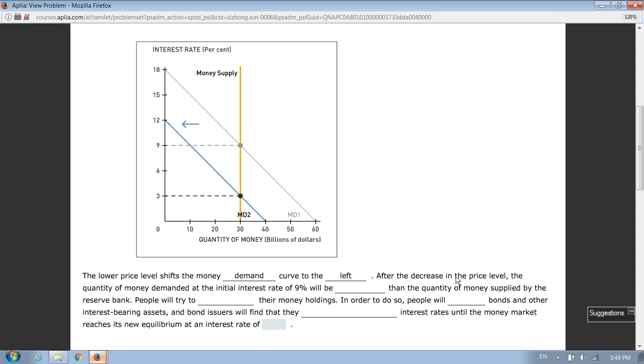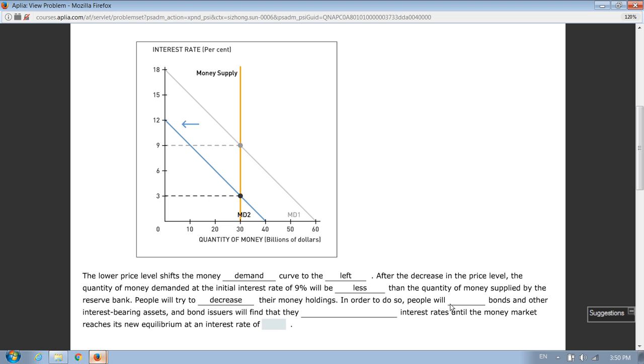After the decrease in the price level, the quantity of money demanded at the initial interest rate of 9% will be less than the quantity of money supplied by the Reserve Bank. People will try to decrease their money holding.